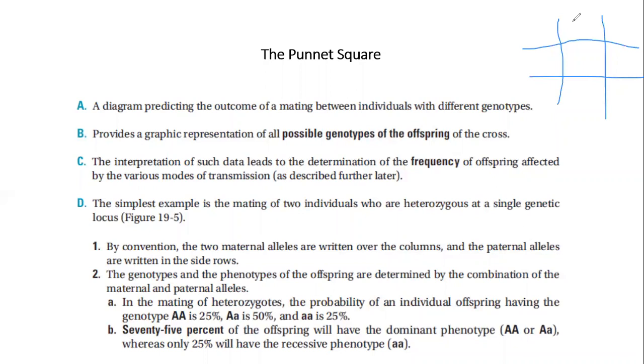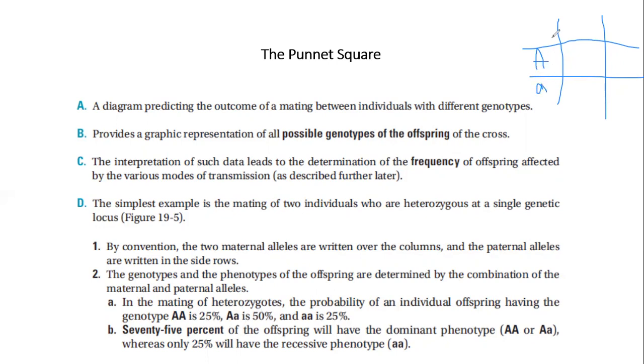In the mating of heterozygotes, the probability of an individual offspring having the genotype AA is 25%, heterozygous, uppercase A and lowercase a, is 50%, and small a small a is 25%. I will show you right now how this happens.